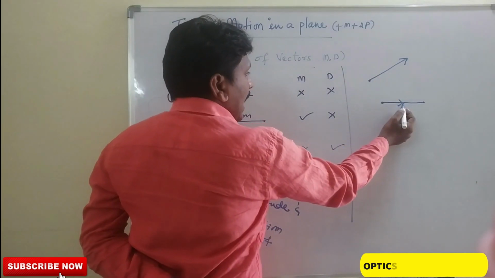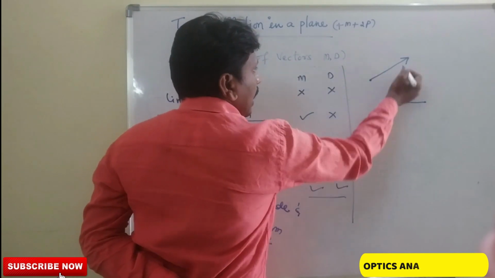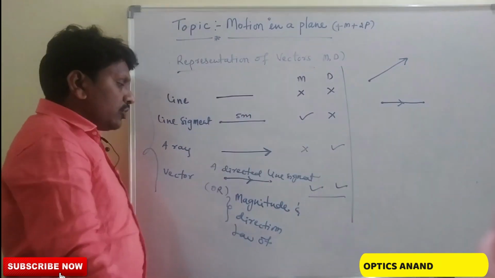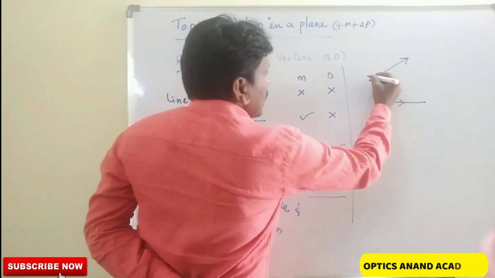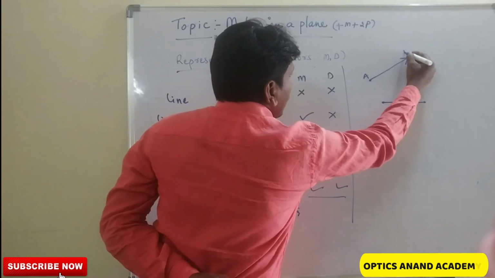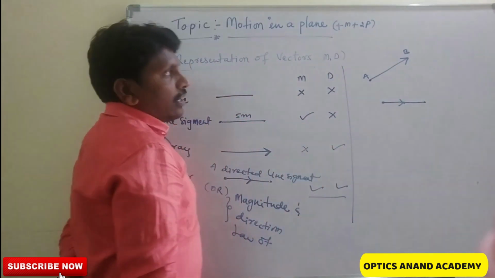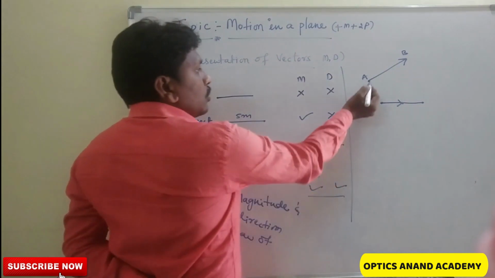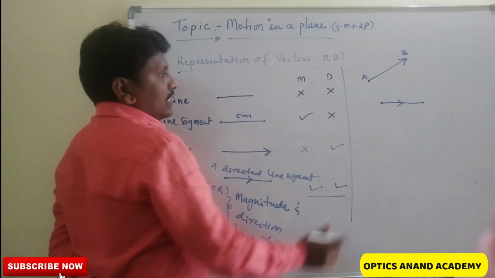I am taking the arrow that is in the middle and placing it at the end. There is no problem, we can take it wherever. Let us consider this is A, B. Initial point is A and end point is B.